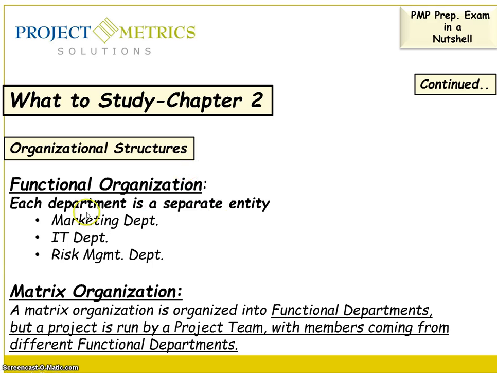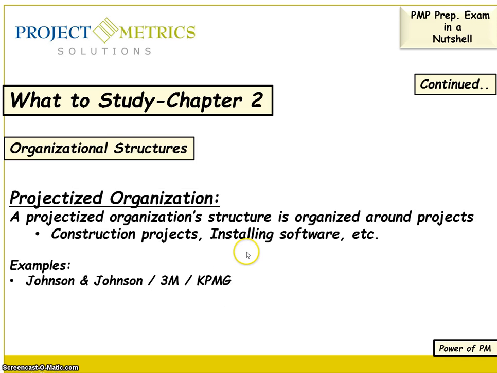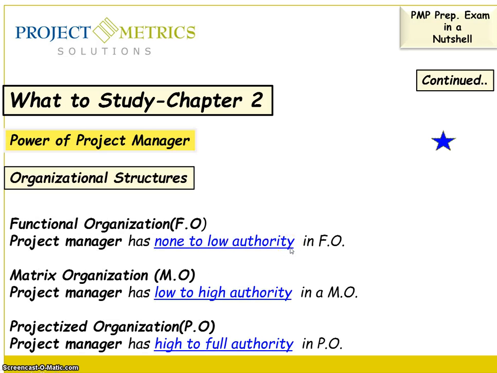I give an example of the functional organization: there is a marketing department, IT department, finance department. I also gave examples of the matrix organization and the projectized. I'd like you to know your power as a project manager.